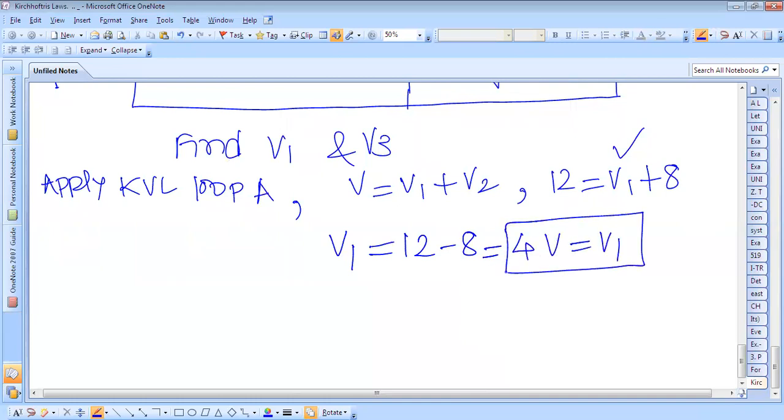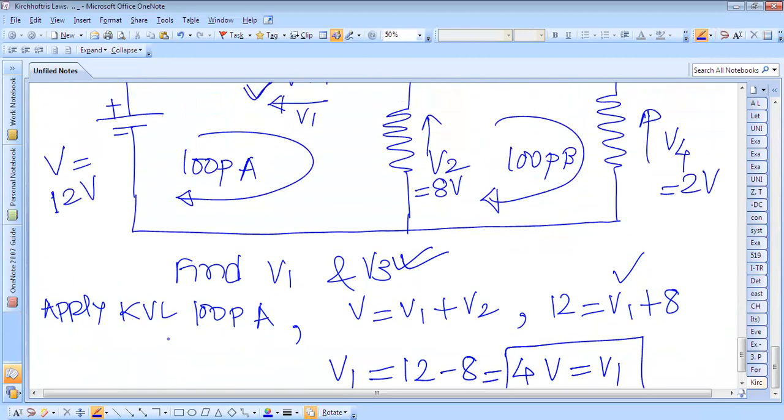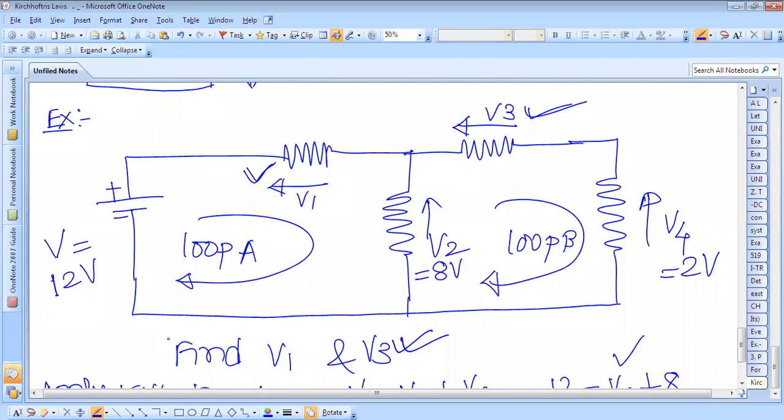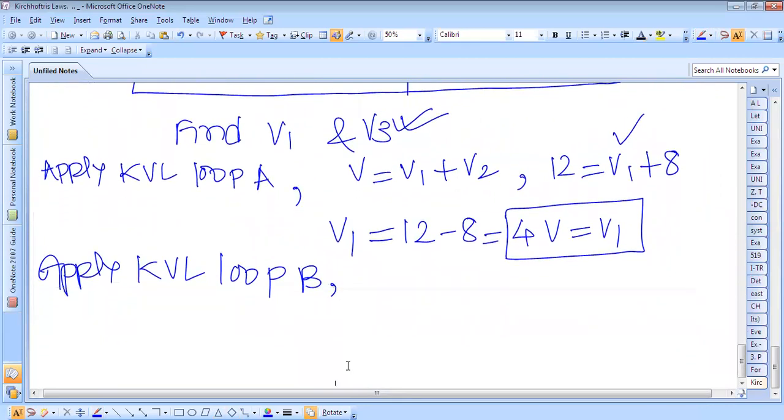Now we have to find V3. For that we also have to apply Kirchhoff's voltage law to loop B. Are there any EMF sources in this loop? No, there are no EMF voltage sources, so it is 0.